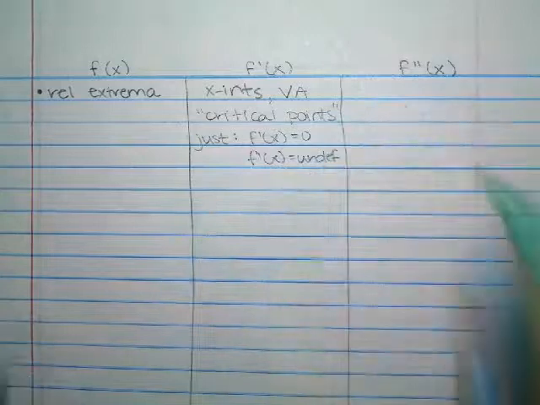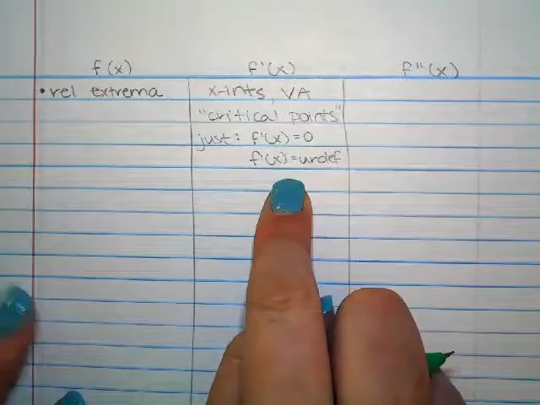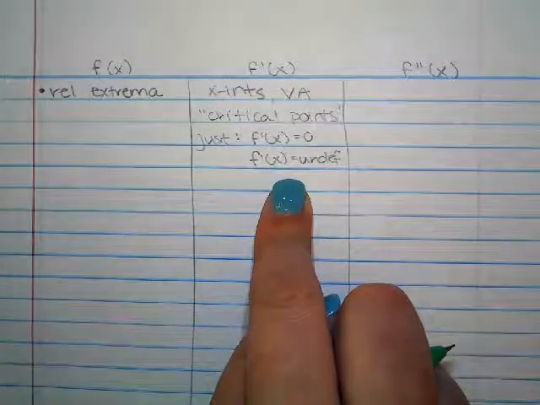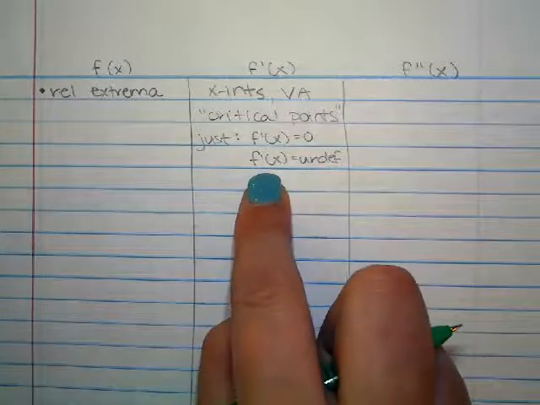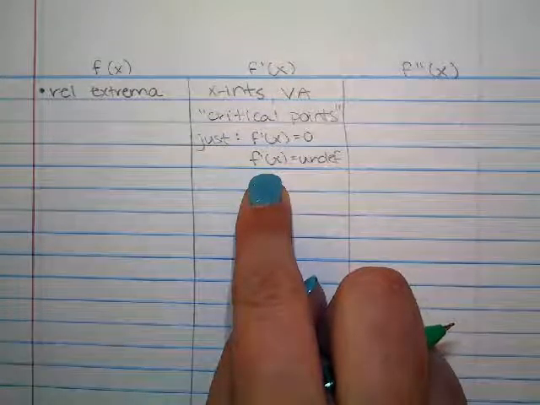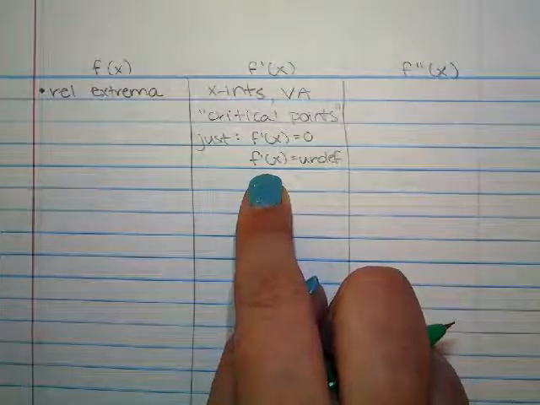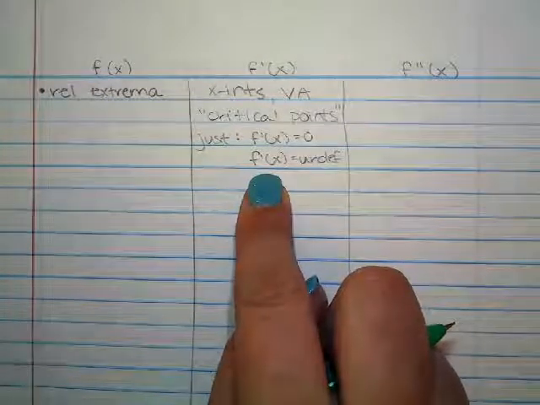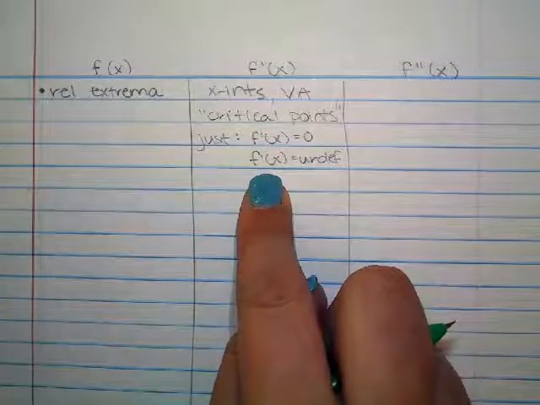Okay? That's my justification. That is calculus. Does that make sense? Because I mentioned a derivative. The derivative is 0. The derivative is undefined. I'm even using the name of the function. F prime of x is 0. F prime of x is undefined. So I'm not being vague at all. I'm saying who, the derivative. I'm saying what equals 0 or is undefined. That's why it's good justification. Does that make sense? Okay.